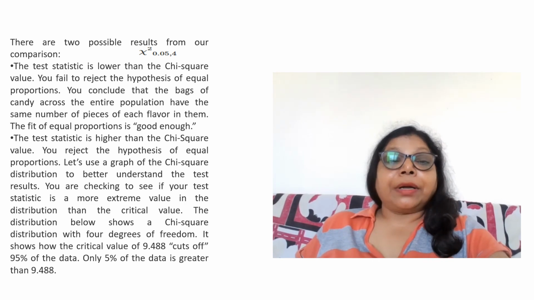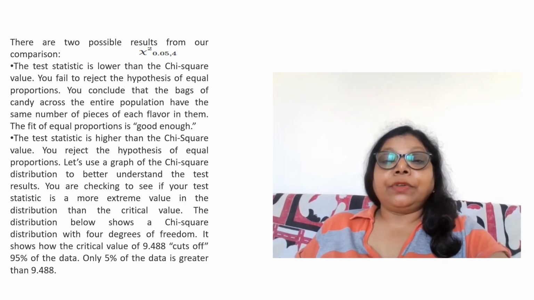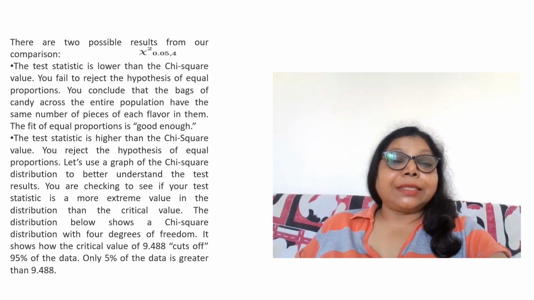So for the candy data, the chi-square value will be written as chi-square subscript 0.05, 4. There are two possible results from our comparison. The test statistic is lower than the chi-square value, or the test statistic is higher than the chi-square value.